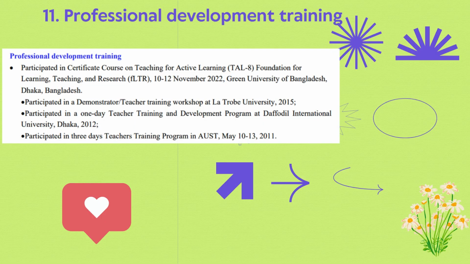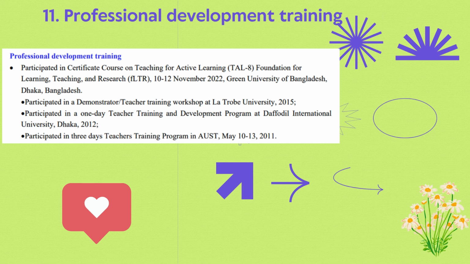Then comes professional development training. You can list the professional development training if you have done so. For example, I have mentioned here participated in certificate course on teaching for active learning, foundation for learning, teaching and research, Green University, Bangladesh.